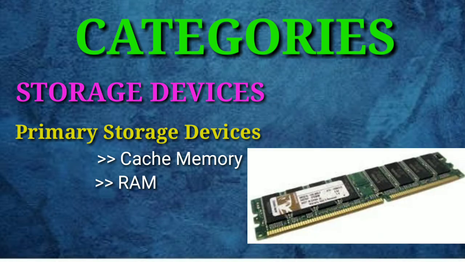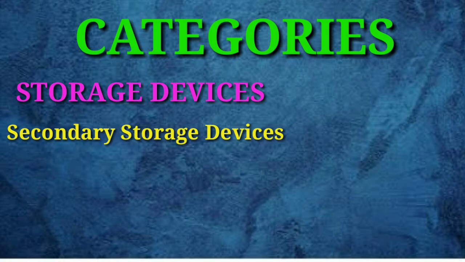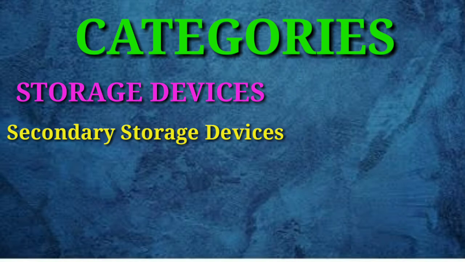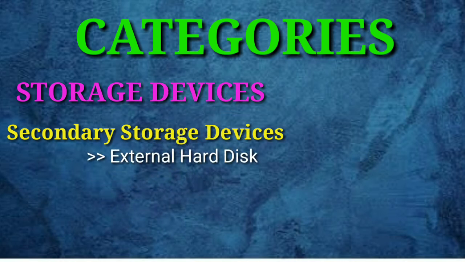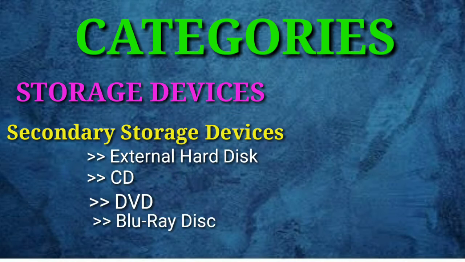Secondary storage devices have a large storage capacity and can store data permanently. The device can be both external and internal to a computer, including compact disc, USB drive, and hard disks. Some common storage devices are external hard disks, CD, DVD, Blu-ray discs, and pen drive.